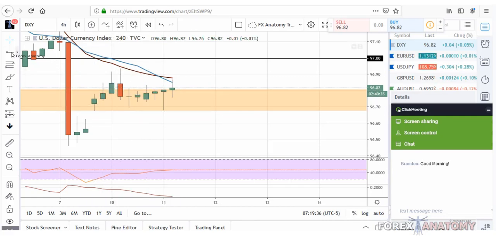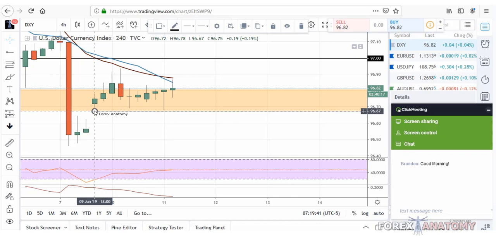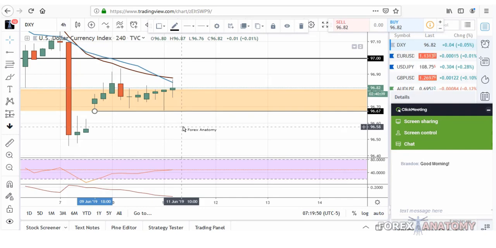You can wait for the break of this low before you decide to go short. If price breaks below this low, that's when you can look for opportunities to sell the dollar. In other words, you'll look for opportunities to possibly buy Euro USD, or any other dollar denominated currency. You can look for that opportunity as well.